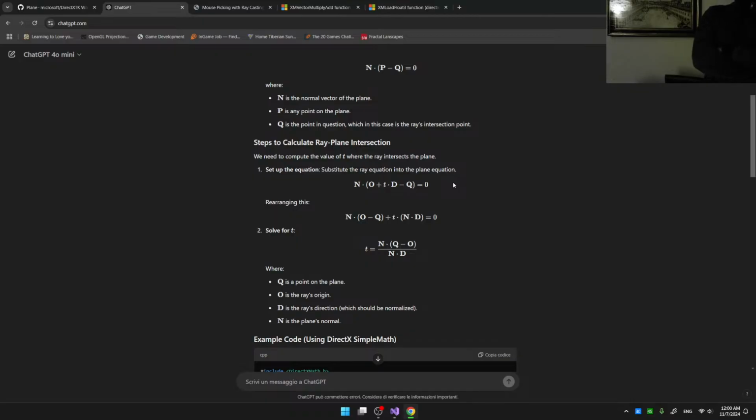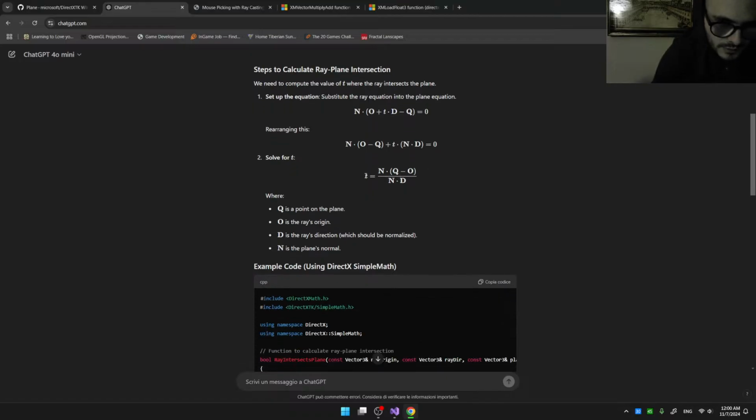Now we simply subtract, and with some algebra we isolate our t, and then we just need to compute some dot products.